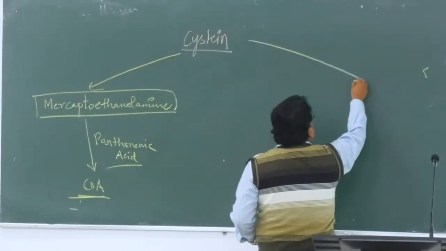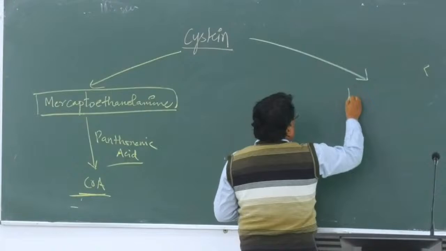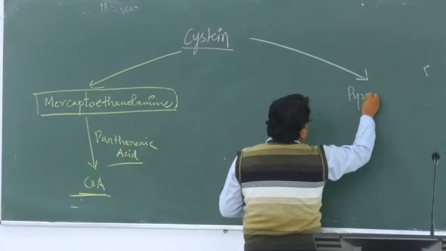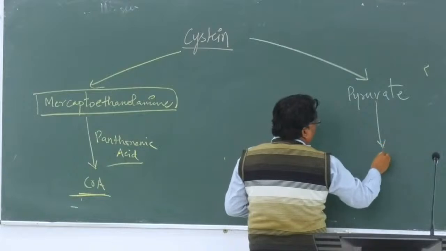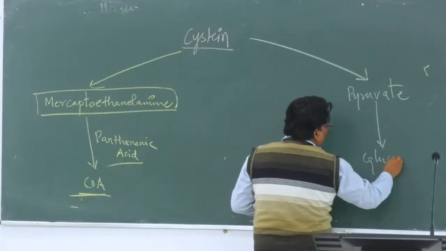And the other one is the formation of pyruvate, and this pyruvate directly forms glucose.